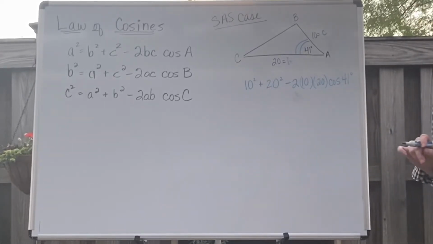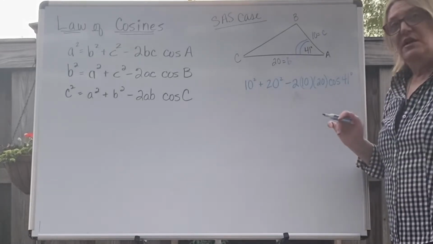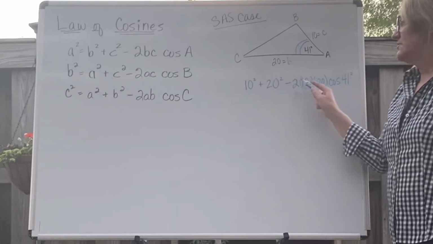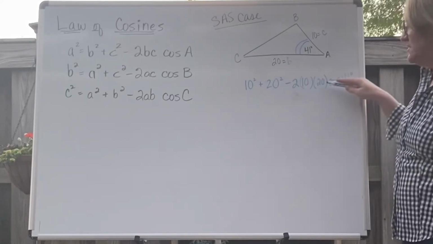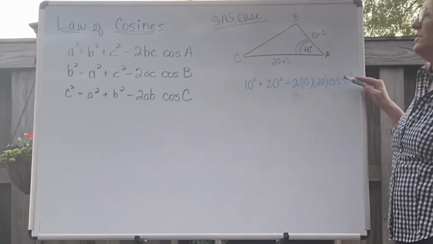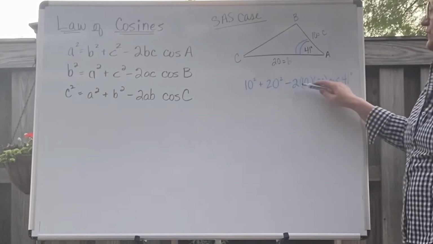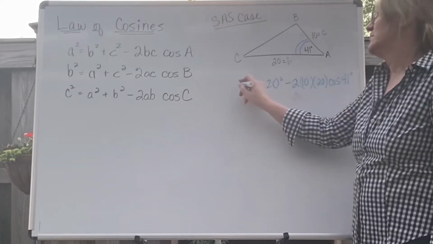Now what you have to be aware of is the order of operations, because you can't just go add, subtract. This is all multiplication. So all of this piece here would have to be multiplied if you were ever missing a component. You have to do the multiplication before you add and subtract, and obviously exponents come first.